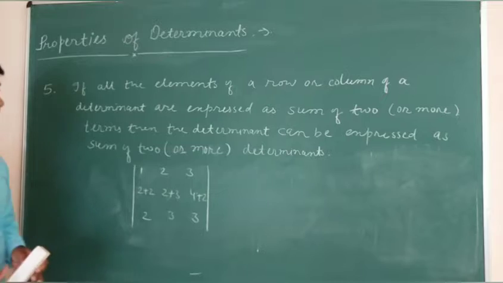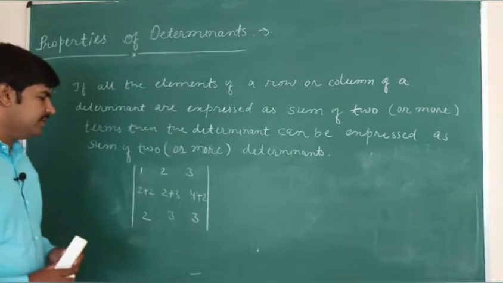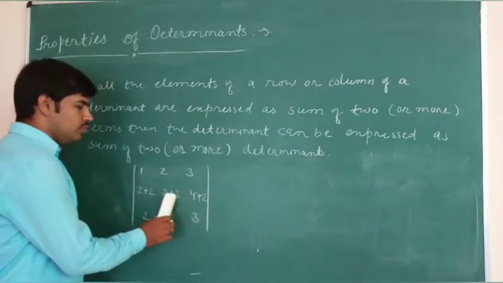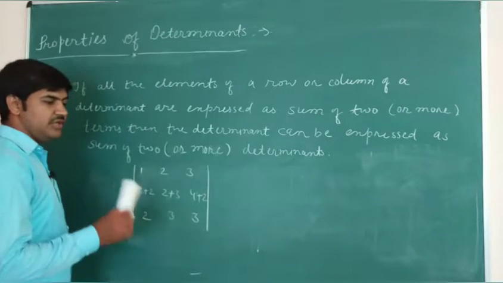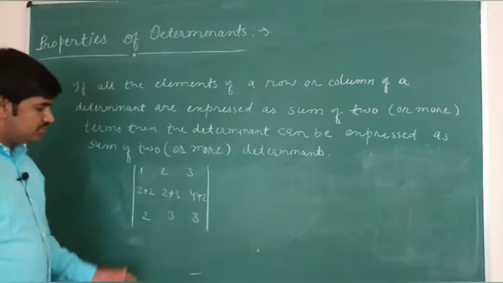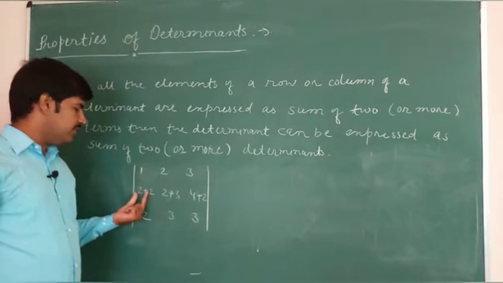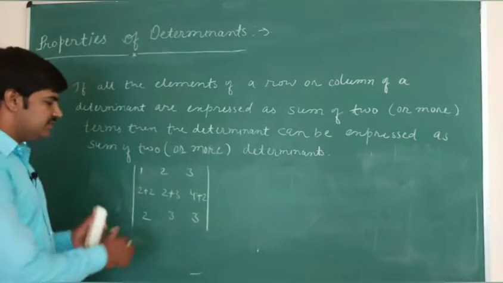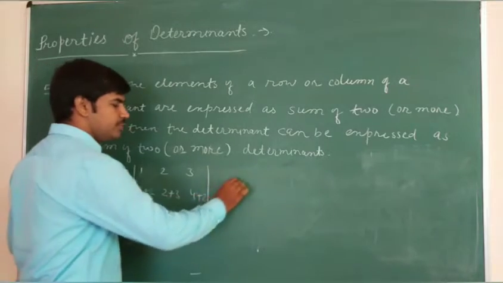Then according to this property, R2 contains all the 3 elements expressed as sum of 2 terms. Therefore, this determinant can be expressed as sum of 2 determinants.